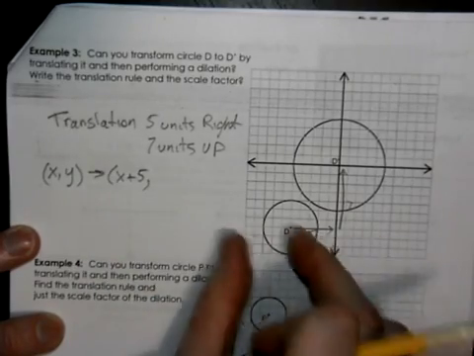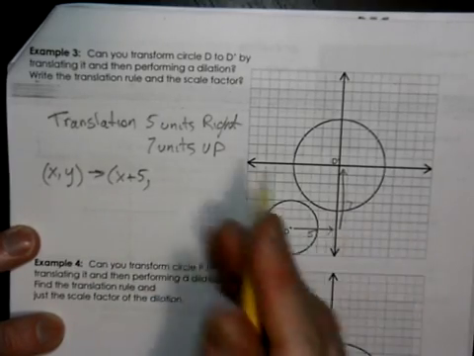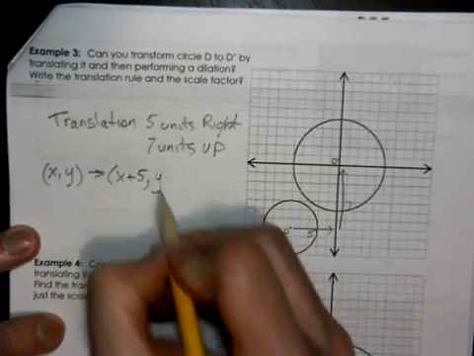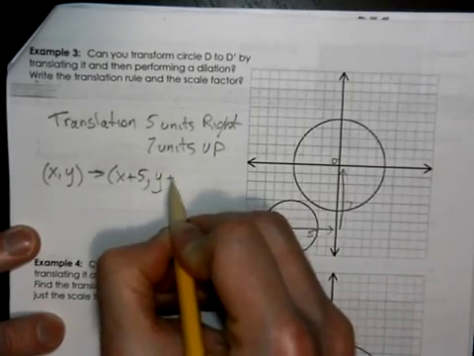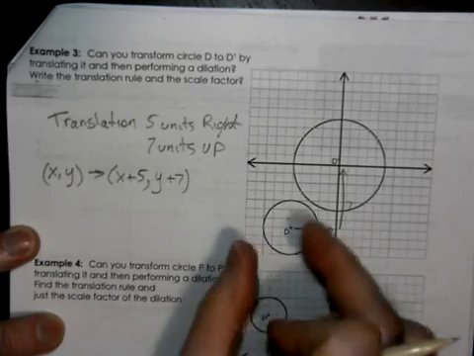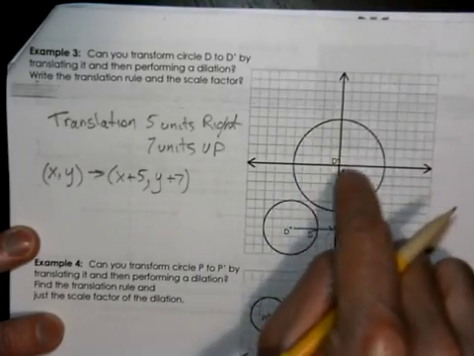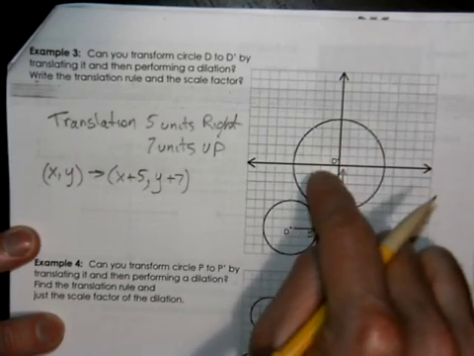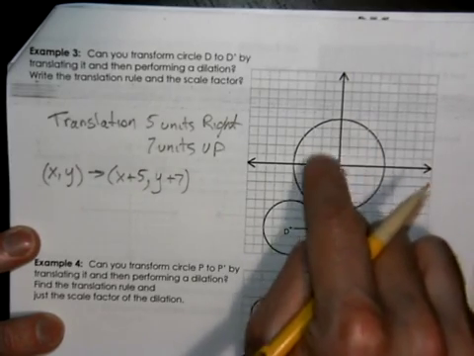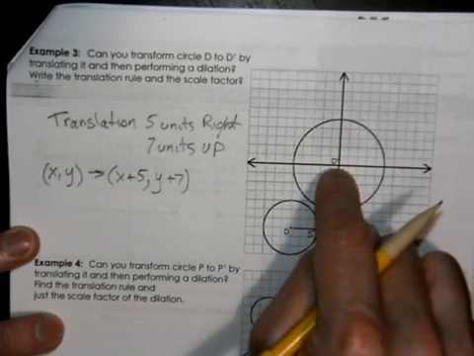That would slide every circle to the right. And then we're going to take all the y values and add 7 to them. That would translate your circle with the same radius, same diameter for that matter, over here to the origin.